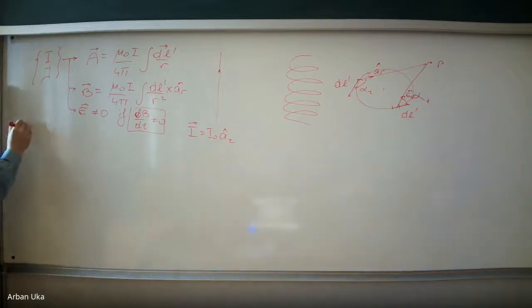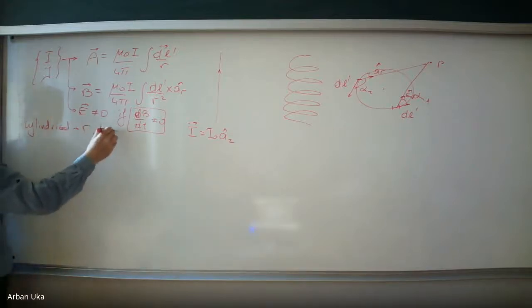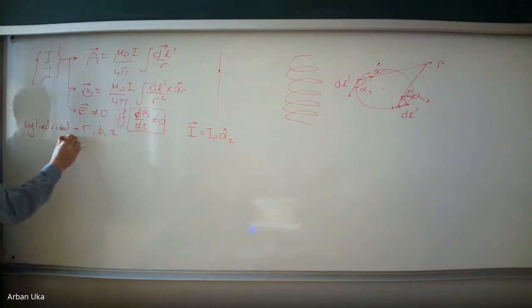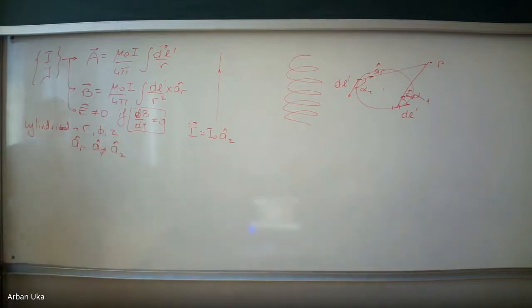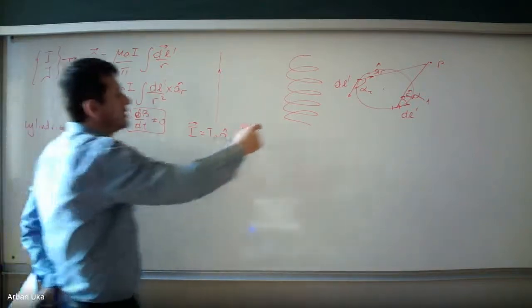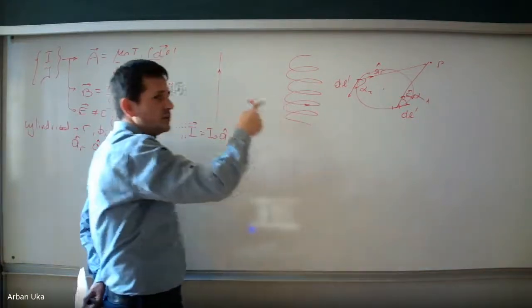In the coordinates that we are dealing with, if this is a cylindrical coordinate system, we are talking about coordinates R, phi, and Z. This means that we have unit vectors along the AR, unit vectors along the A phi, and unit vectors along the AZ. That's good. Now here, what is the direction of the current I? How would we denote it here?